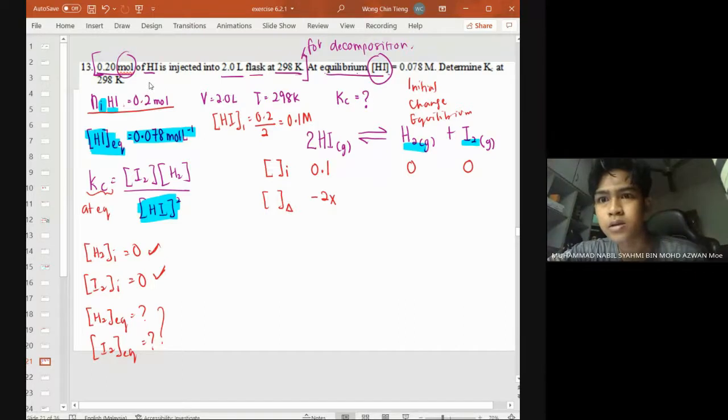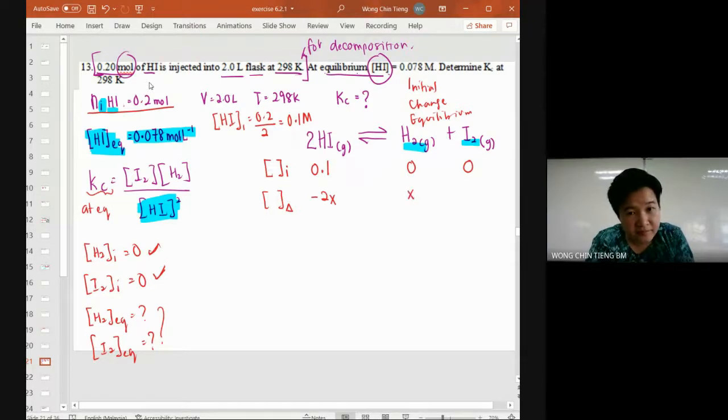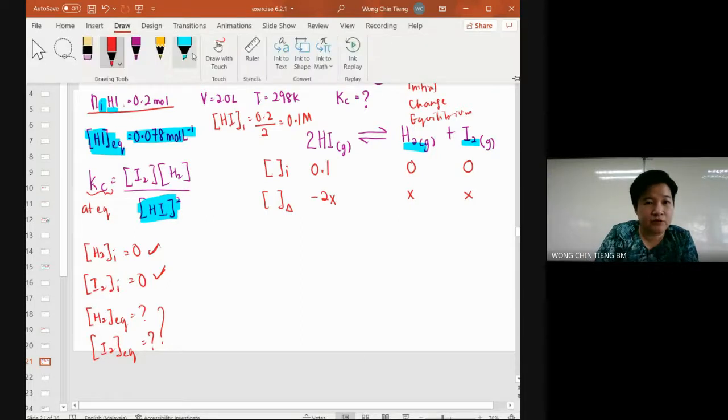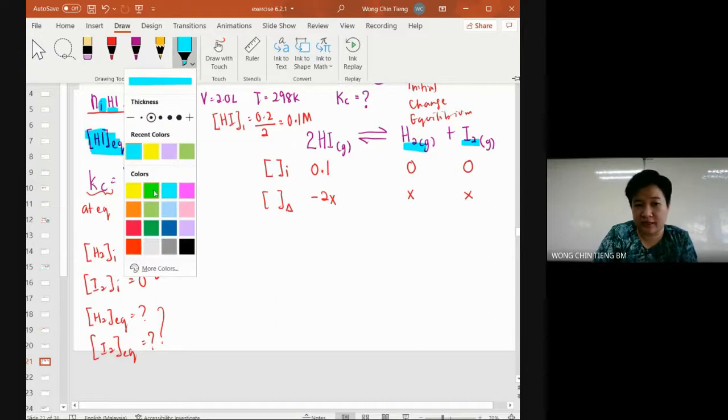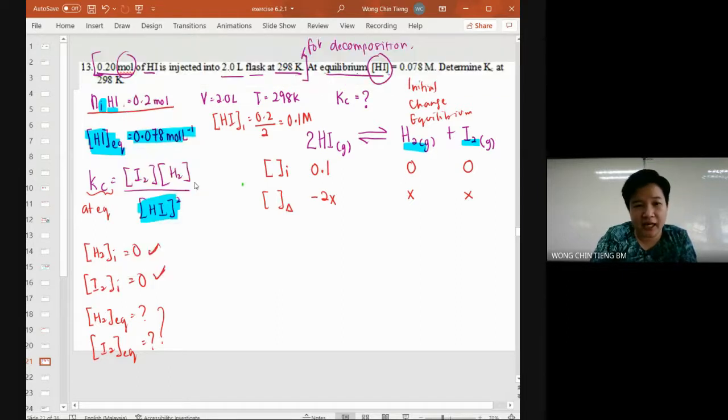X je. Ataupun soalan saya, Nabil. Kenapa untuk HI? Sebab HI kamu jawab betul. So saya nak tanya untuk HI. Kenapa HI adalah tolak dan 2X?